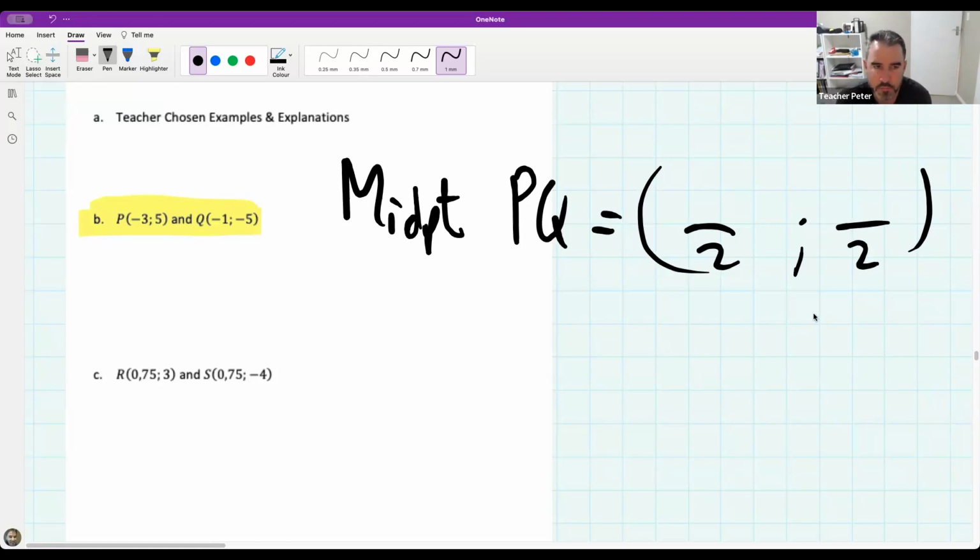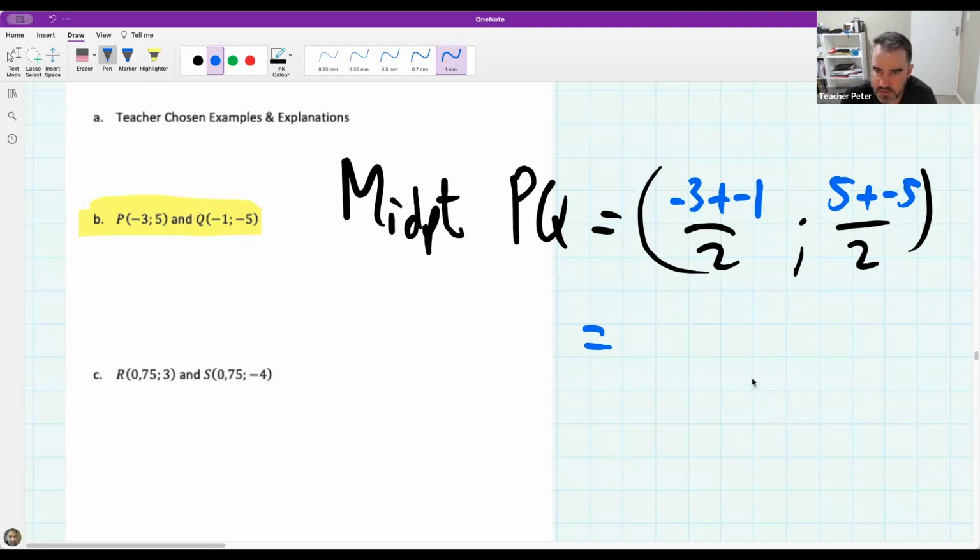What do we get for the midpoint between these two? So we have -3 plus -1, and we have 5 plus -5. That's interesting.